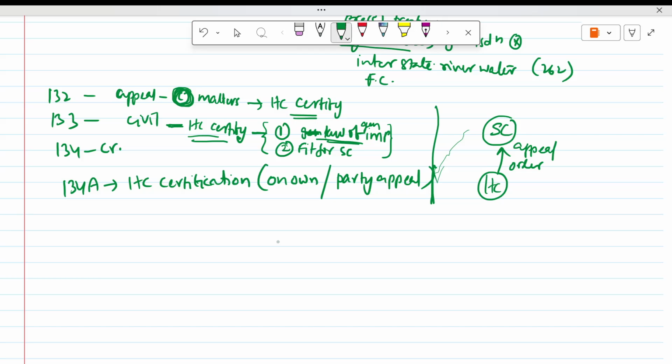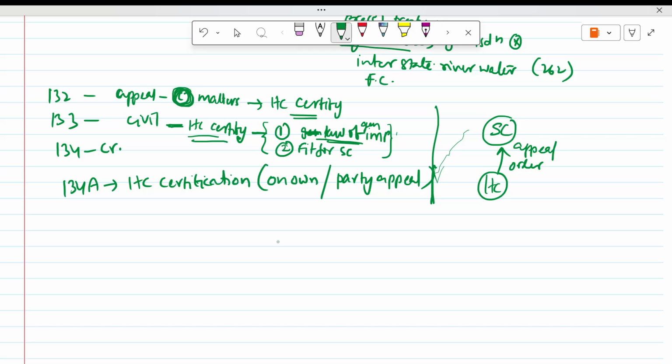If the High Court certifies, then directly you can go to the Supreme Court and file an appeal. 133, civil cases. If the High Court certifies under Article 134A that there is law of general importance involved in this case, and it is also a fit case for the Supreme Court, then an appeal lies to the Supreme Court.